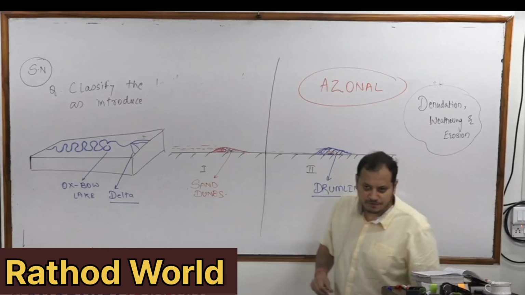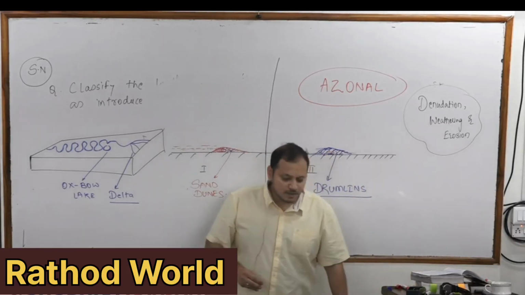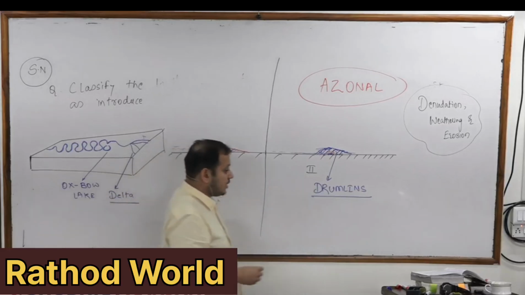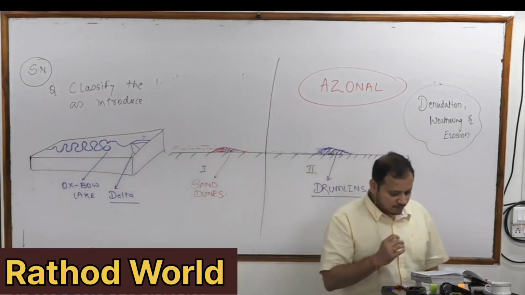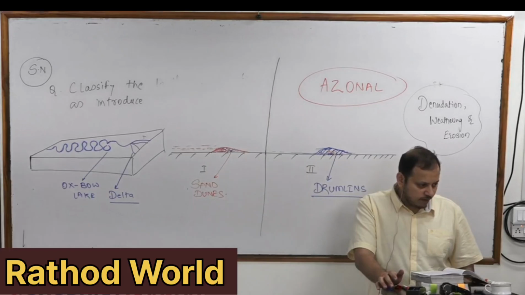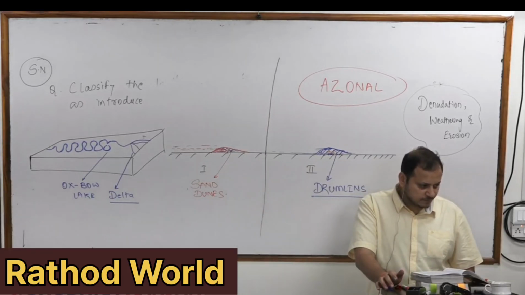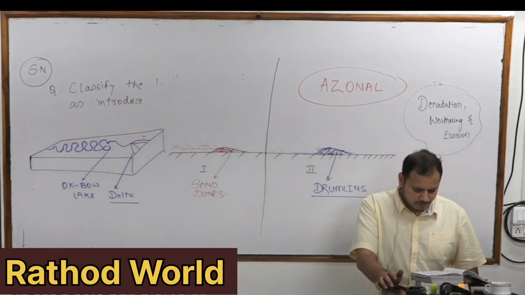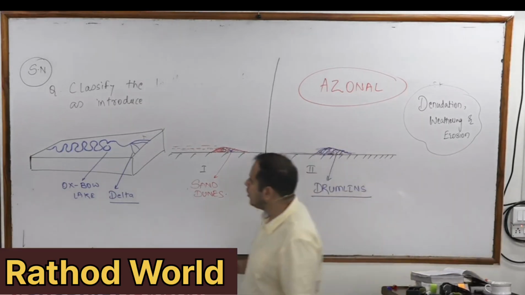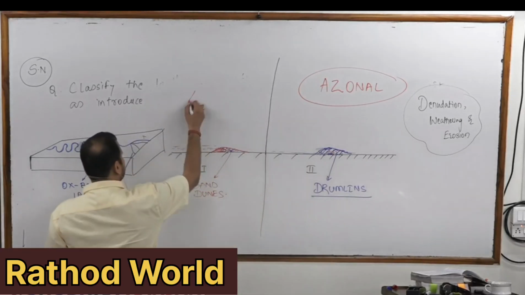Fine? So the third order relief features are depositional landforms, or destructional landforms, or कोई भी एक वर्ड लिखना है एग्जाम में.